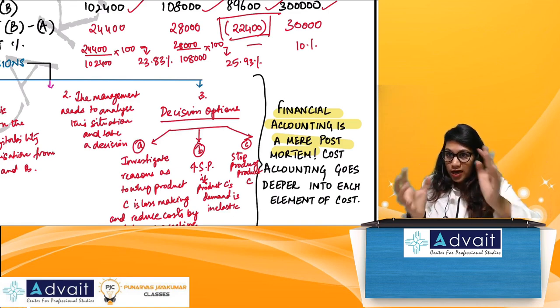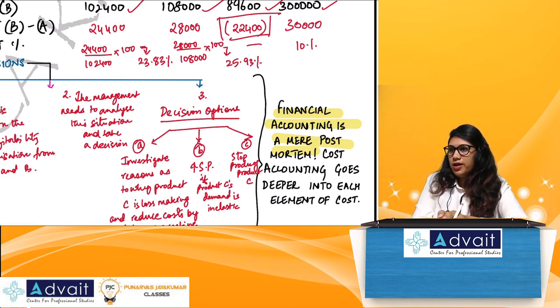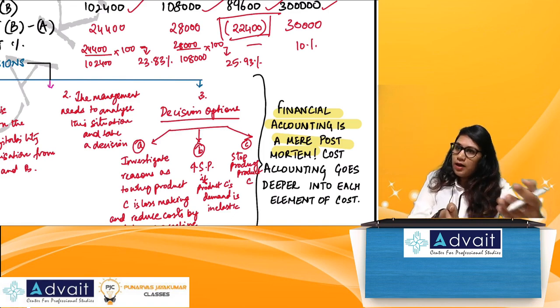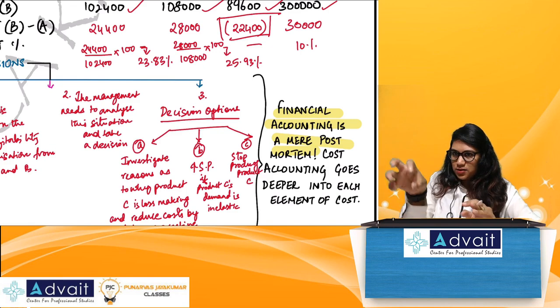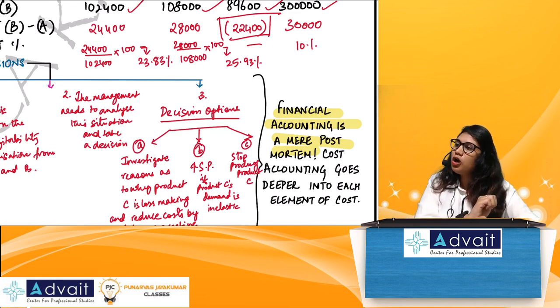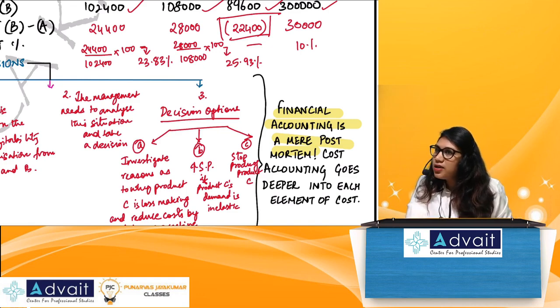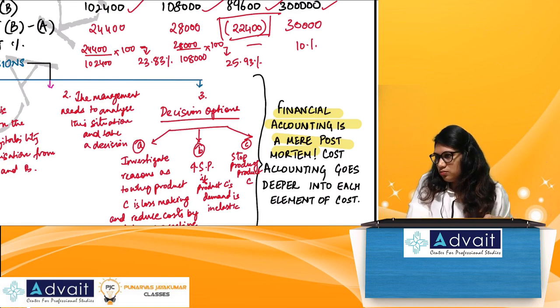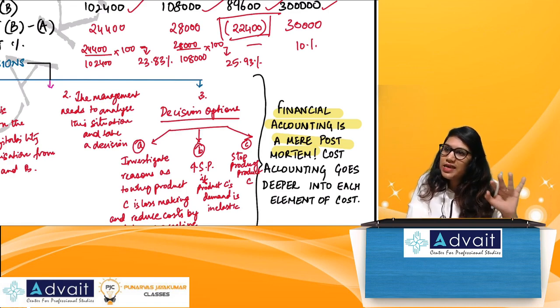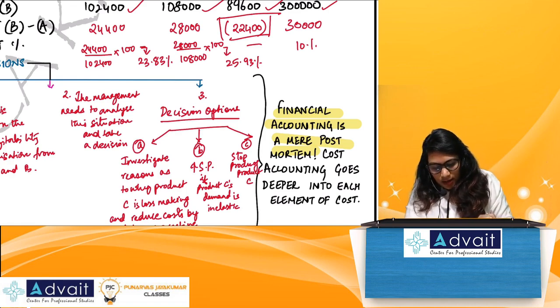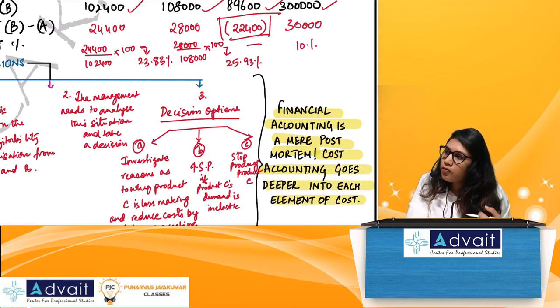So the first thing is cost accounting, because cost accounting happens throughout the year. Then comes financial accounting, which picks costs, puts them in your P&L account, balance sheet, gives you the actual position of your business. So we say financial accounting is a mere post-mortem. It just happens in the end. Cost accounting goes deeper into each element of cost.